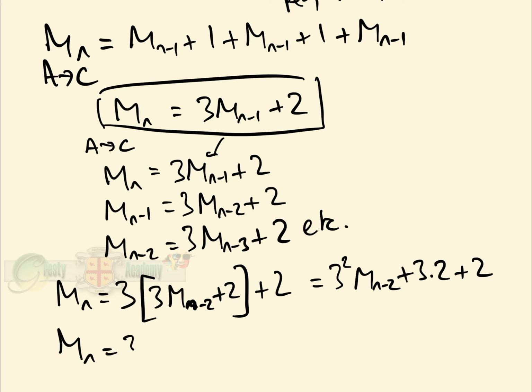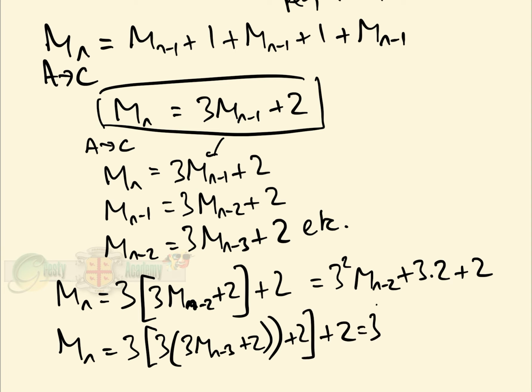So Mn, now sticking M(n-2) in, that gives us 3M(n-3) add 2 add 2 add 2, which equals 3 cubed M(n-3) add 2 times 3 squared add 2 times 3 add 2.